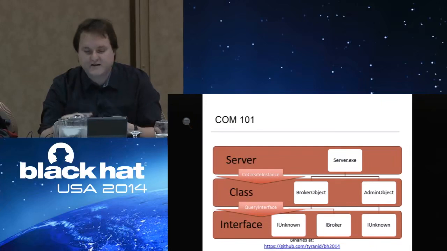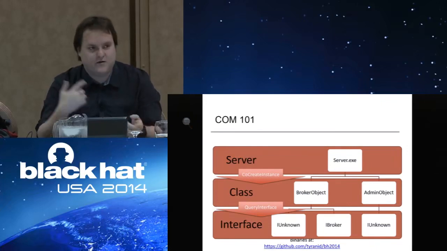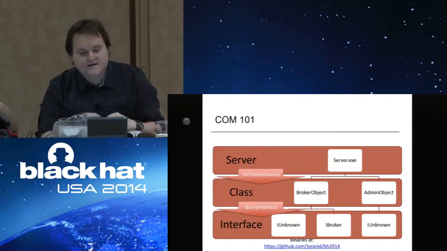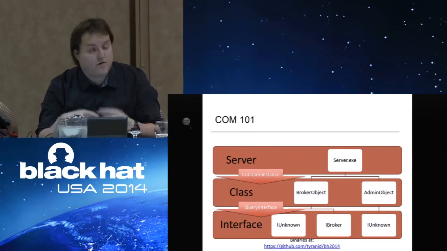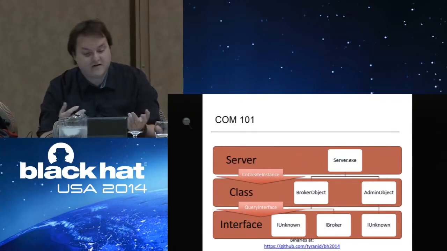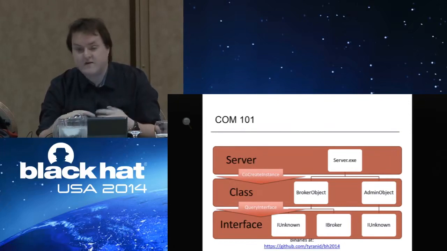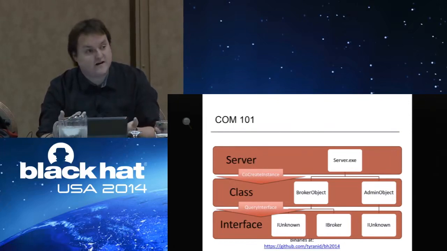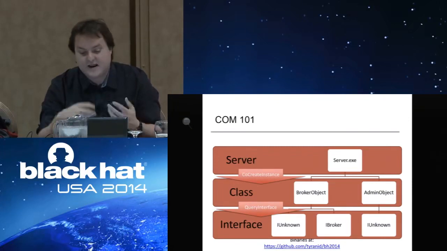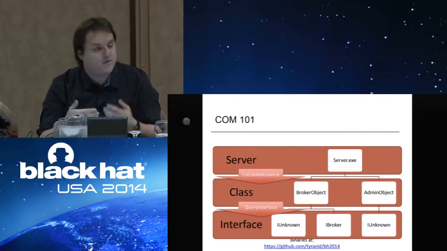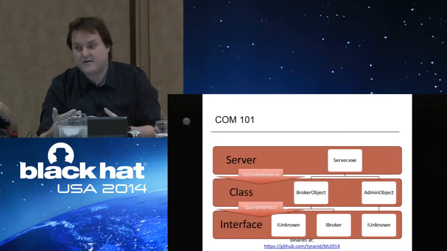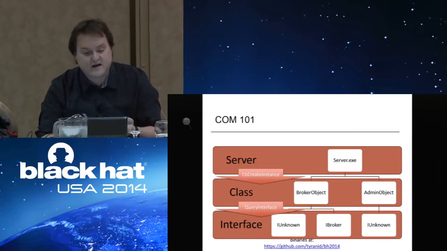That server is registered in the registry and says, I support this COM object. That server can have more than one COM object, so it can have multiple different classes, which are referred to using special unique identifiers. Then finally, each class can support multiple ways of looking at it with different functions, and these are called interfaces.